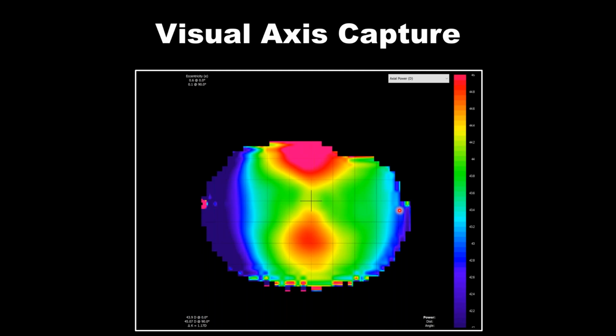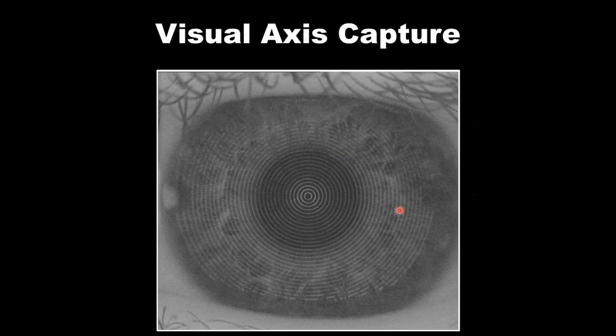Now, so what? I've made a big mistake. I've imported it into EyeSpace. Does it really matter? Well, let's look at the Placido, and we see how it's closer to the nasal side than it is the temporal side. So when I build my contact lens, it's going to be in relationship to this slightly nasally decentered topography.